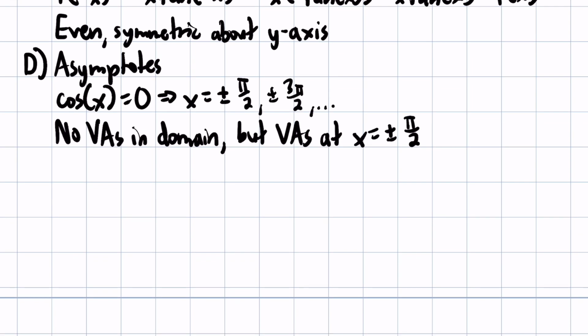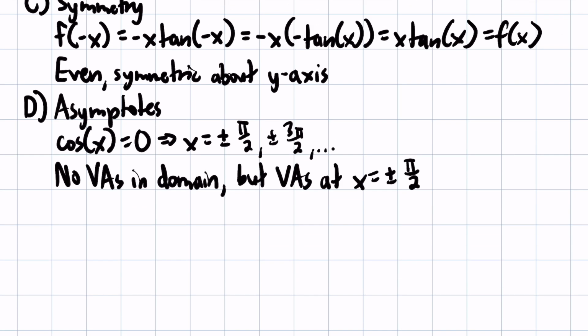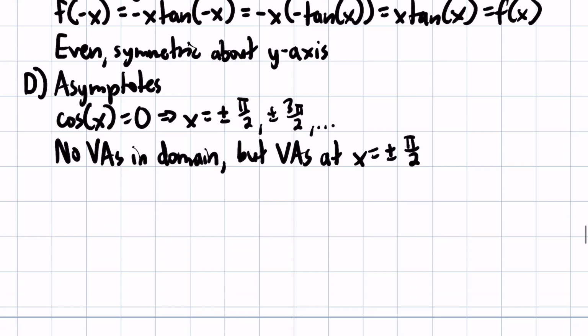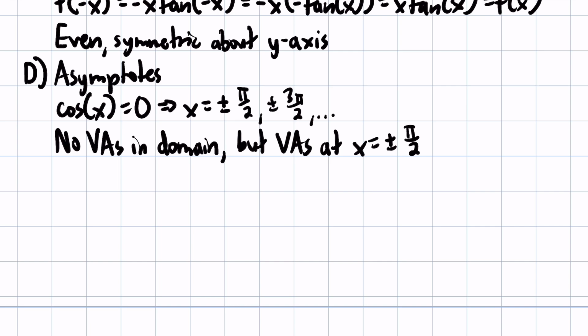So now we need to think about horizontal asymptotes. Normally we would take the limit as x approaches infinity and as x approaches negative infinity of the function. But here, infinity and negative infinity aren't the endpoints of our domain. The endpoints of our domain are negative pi over 2 and pi over 2. So instead, we're going to take first the limit as x approaches pi over 2 from the left of x times tangent of x.